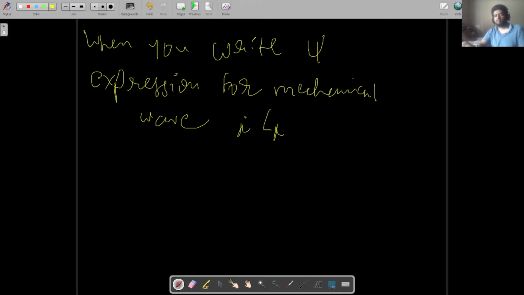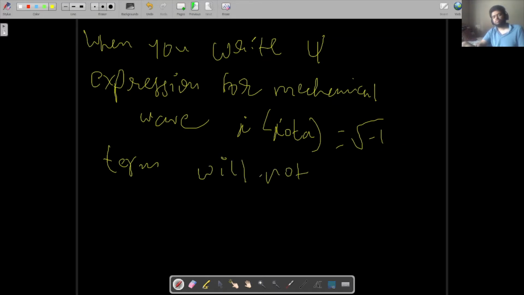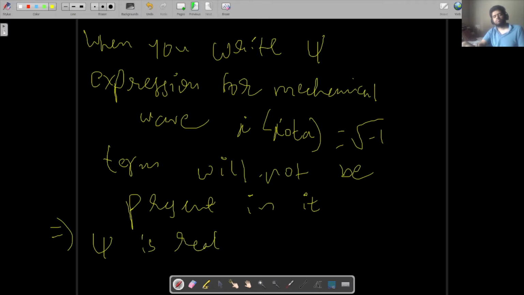Iota, which is equal to the square root of -1, will not be present in it. And this in turn implies that psi is real. Okay, so this is the thing.